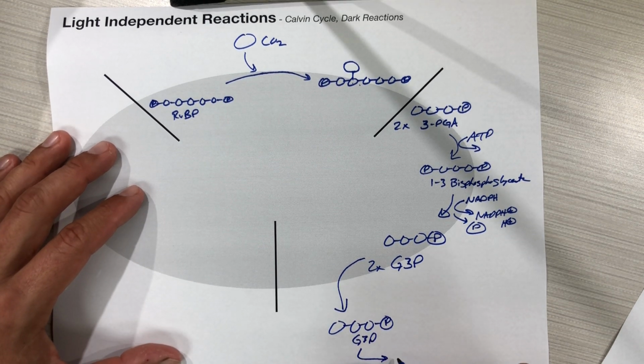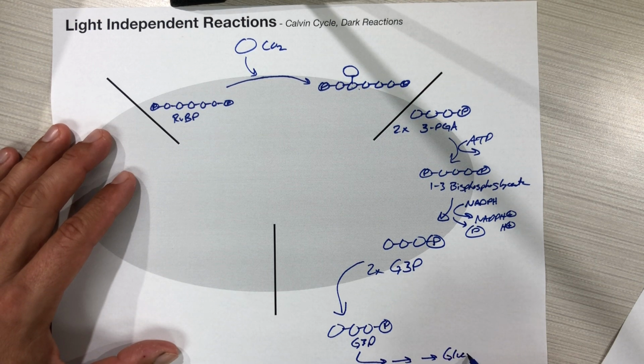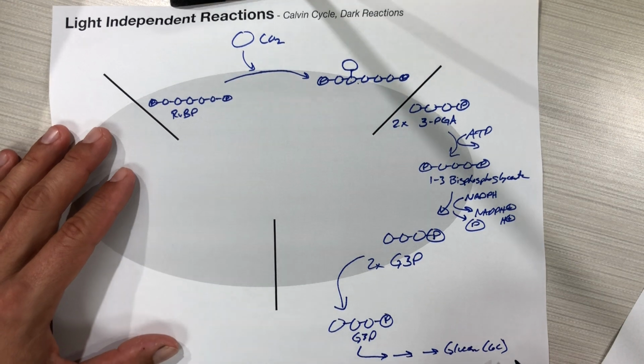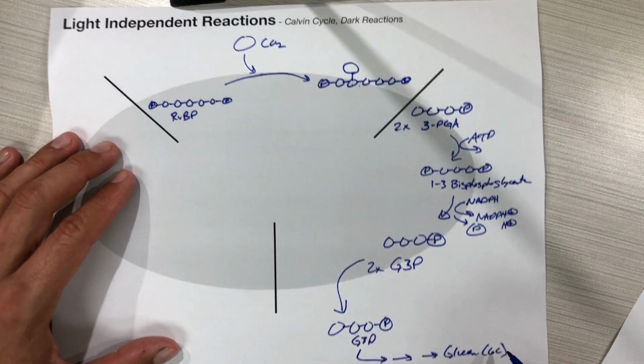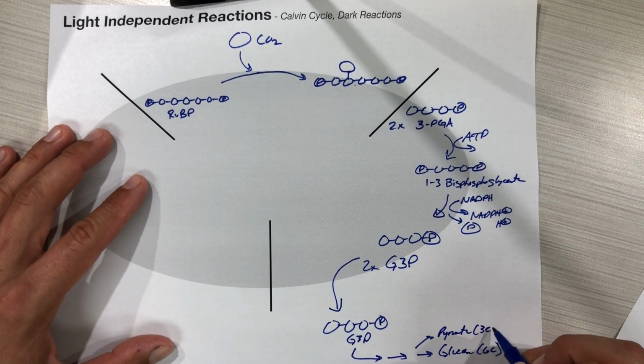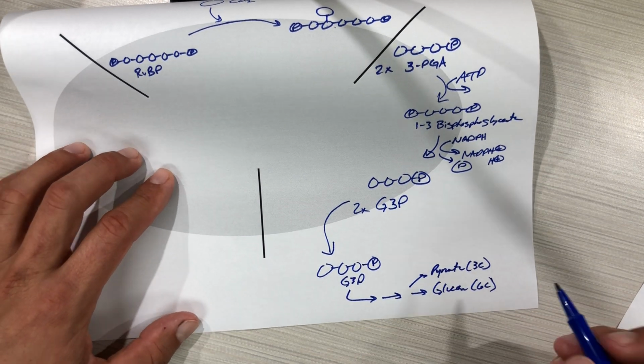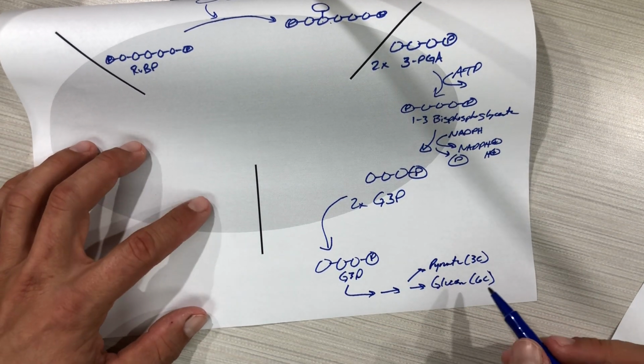We can go through multiple subsequent steps, and it could find another G3P, and we could get glucose. It's a 6-carbon molecule, so we smush 2 of these together, and we get glucose. It could also be converted into pyruvate, which has 3 carbons, and it could enter the citric acid cycle as pyruvate or after pyruvate oxidation.